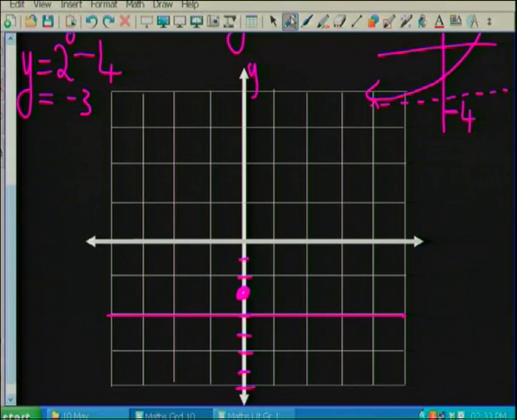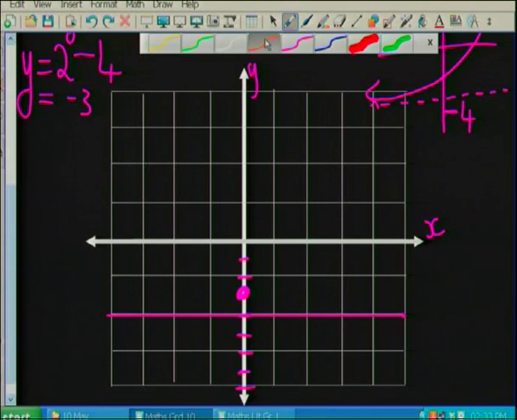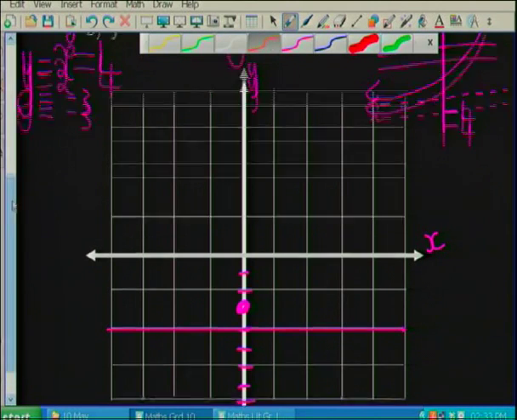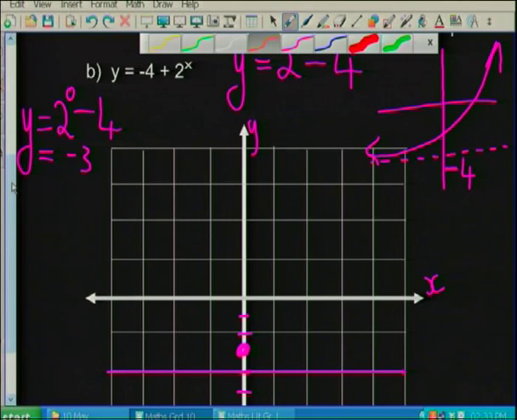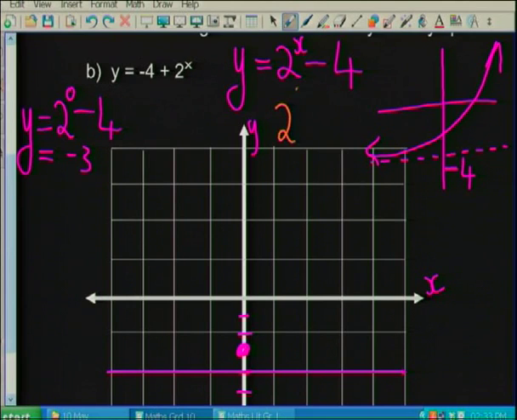Right, now I need to calculate my x-intercept. Don't forget to label your axes. For my x-intercept, I'm going to make y equal to 0. So I'm going to say 2 to the power x minus 4 equals 0. So 2 to the power x equals 4, which is 2 to the power 2. So x is 2.